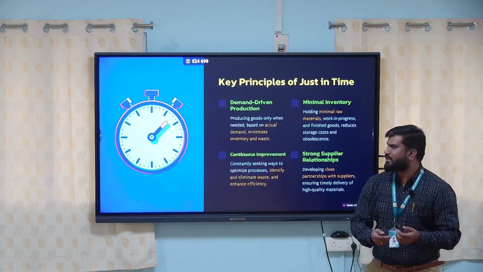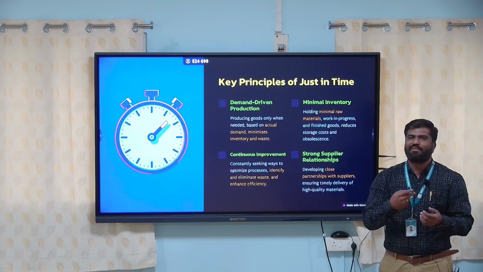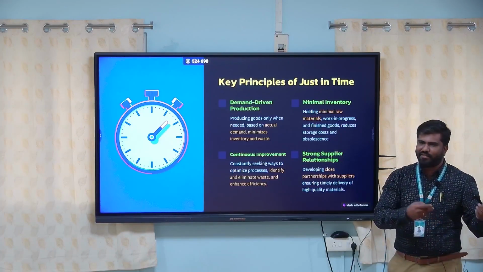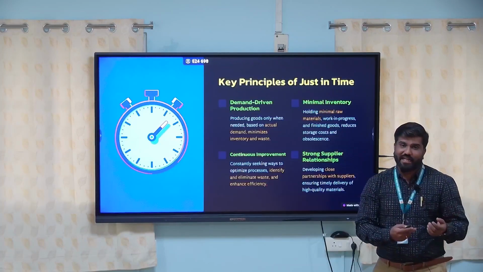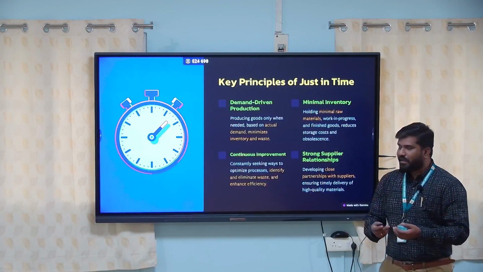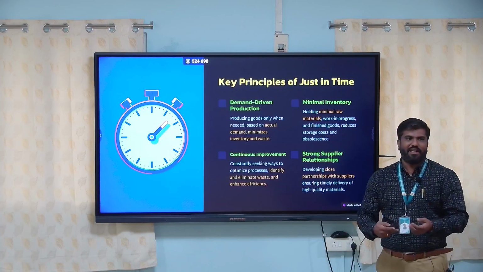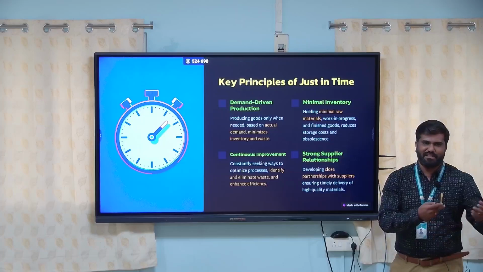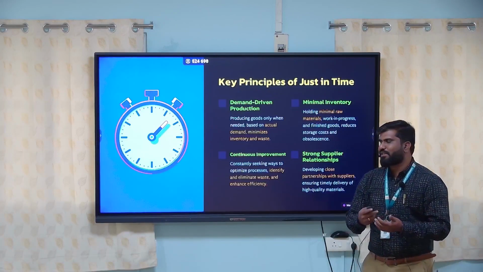That is demand-driven production. Normally there will be an inventory and we take the resources from the inventory and produce goods. But just in time makes things different: we minimize inventory and waste, so that whenever the demand rises, we purchase the resources needed and we produce the product.